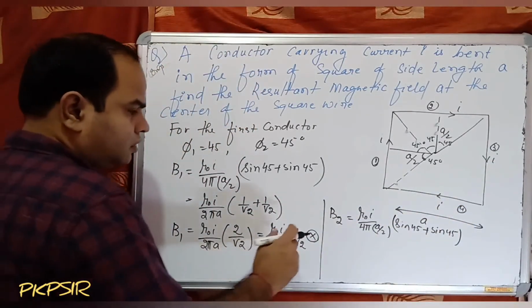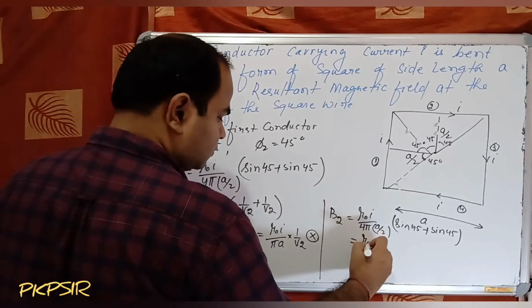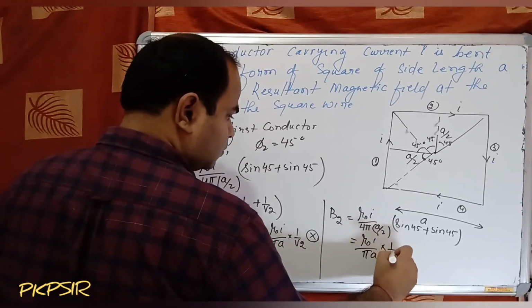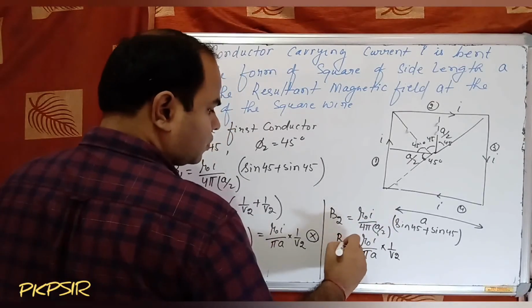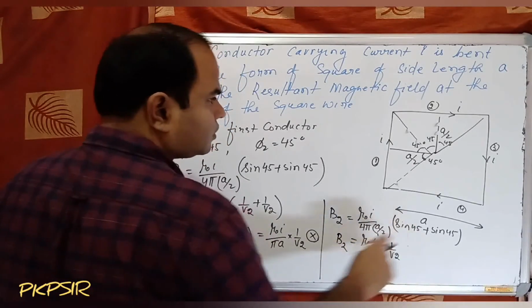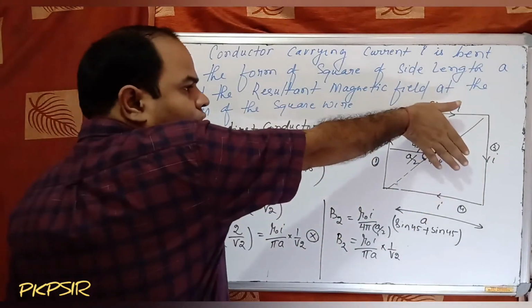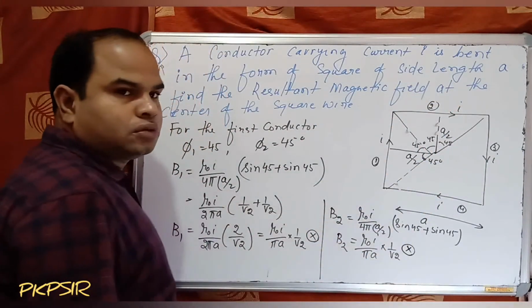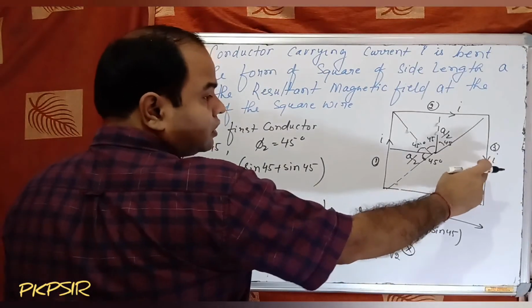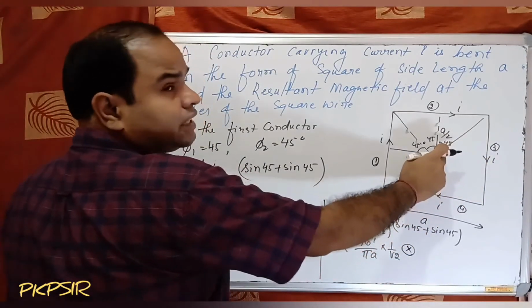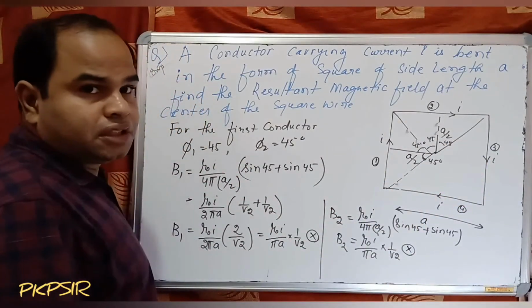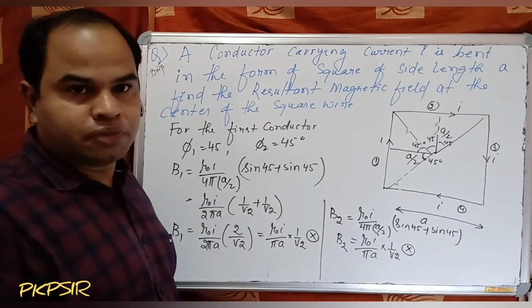Same value, that is mu naught I by pi A into 1 by root 2. The direction is also inward. Same thing for B3 at the center due to the third conductor, it is also equal to B1 and B2.